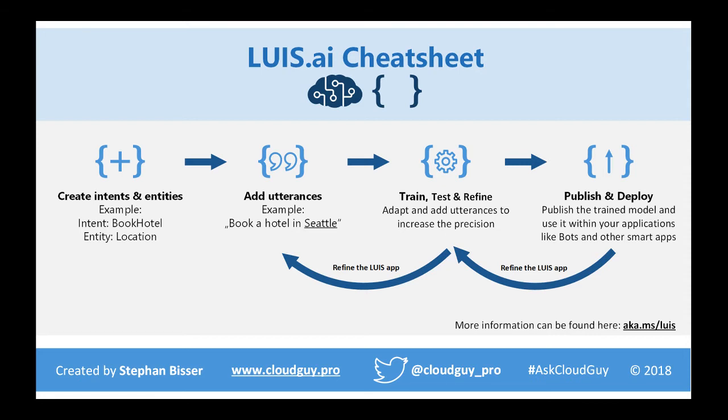That's why we need to train and retrain this model each time when some person sends information or a phrase which was not mentioned in your model. Then you can publish and deploy your LUIS model and use it, for example, in chatbots.